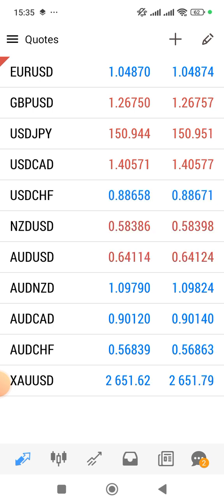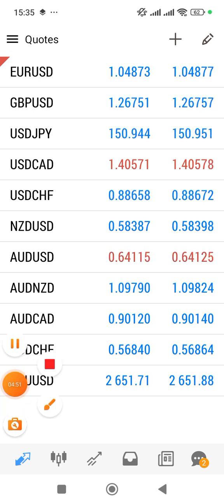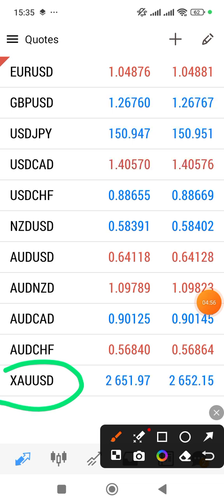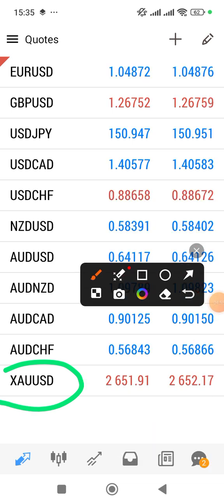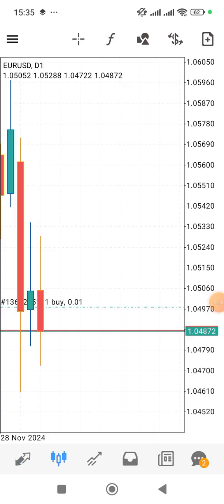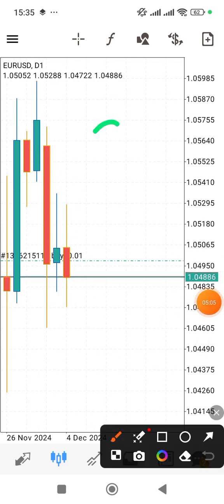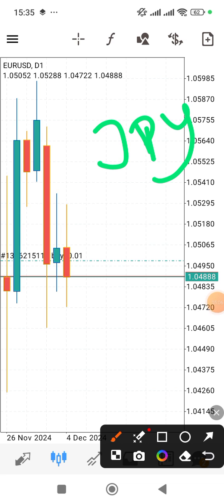I told you that there are two assets that are calculated differently. Gold, that's XAUUSD, is calculated differently from other pairs, and then any pair that has JPY, any Japanese yen pair. It's still almost the same thing.